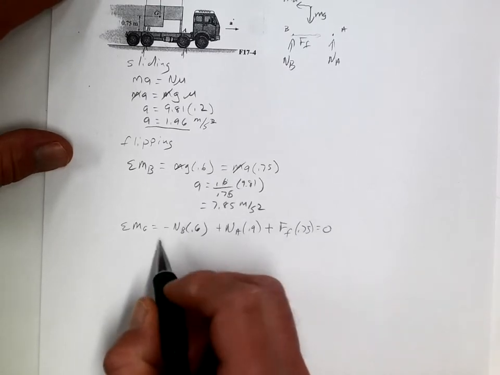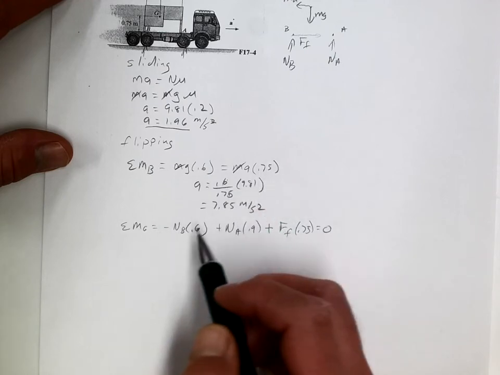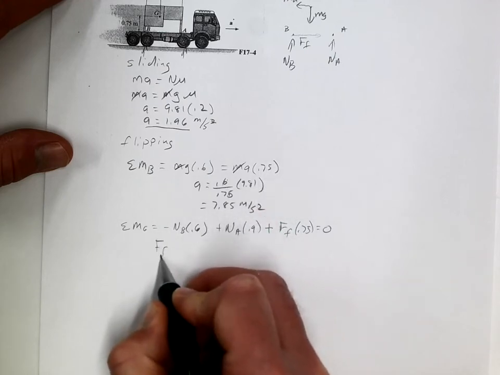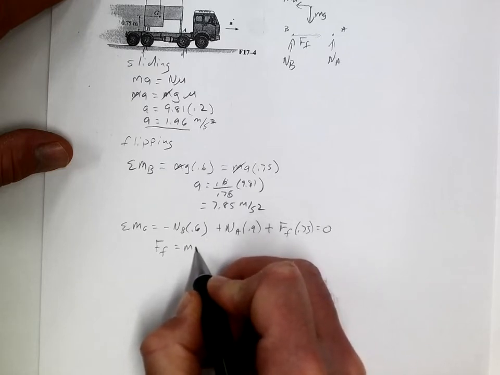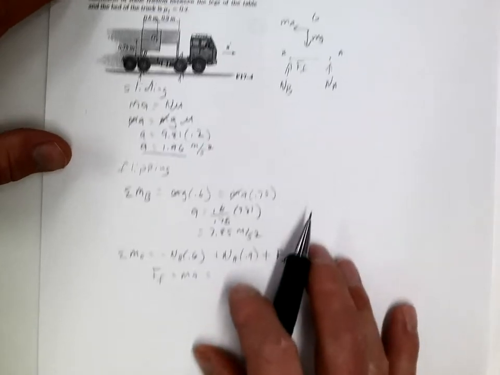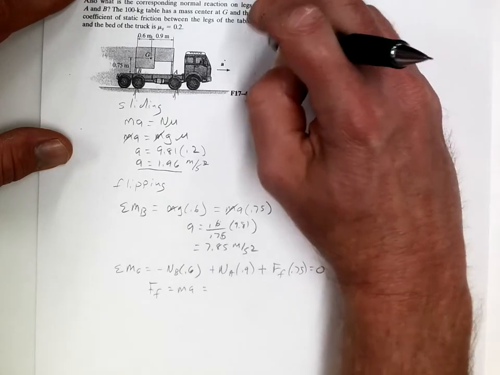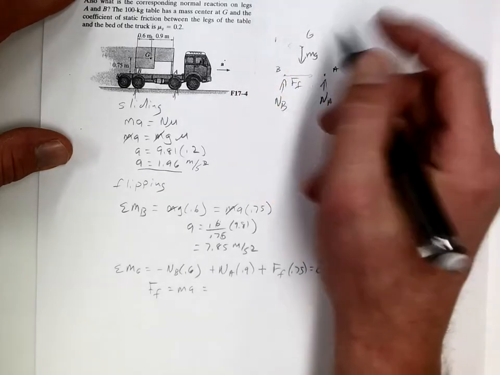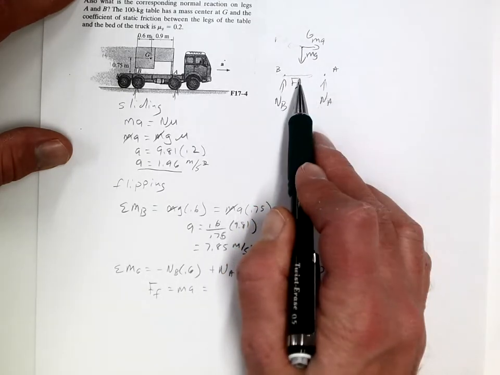So now let's find the force of friction. That's equal to ma, because the only thing causing the forward motion is the force of friction.